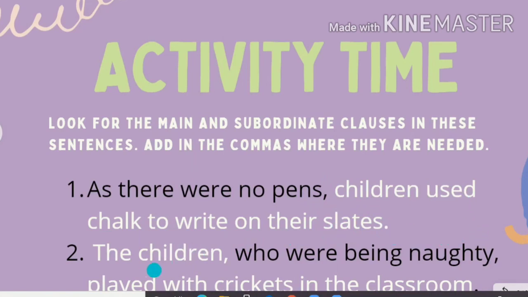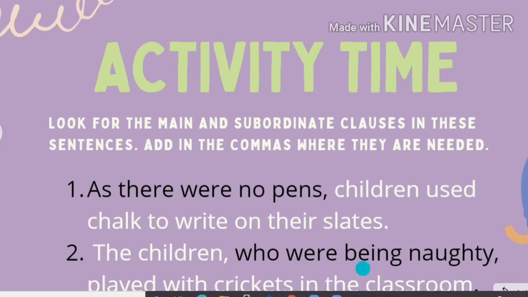Now, number 2: The children, who were being naughty, played with crickets in the classroom. Is it a main or subordinate clause? Does it make sense to you? The children played with crickets in the classroom. Yes, it does, right? So it is a main clause, and in the middle of it there is a subordinate clause, which is "who were being naughty".